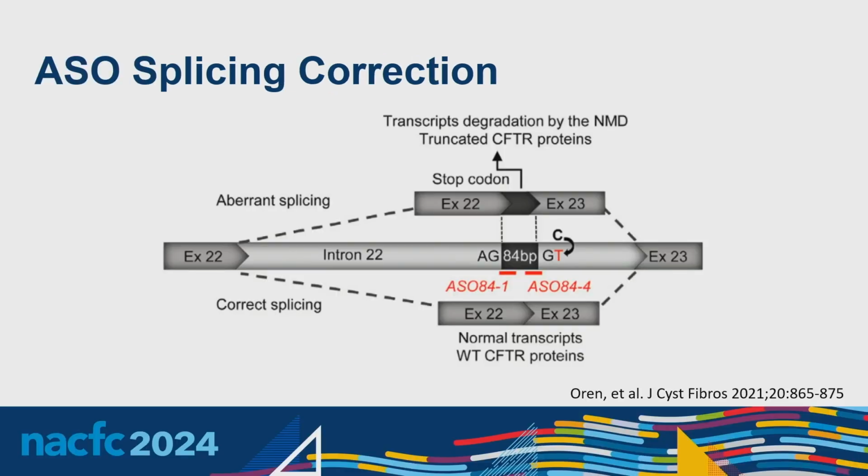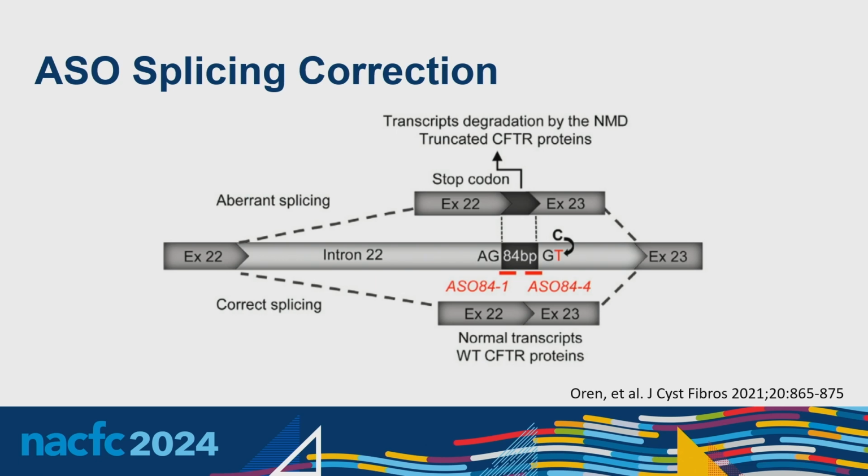And so when we're talking about splicing correction, the ASO that is currently in clinical trials is the Splicense ASO. And this is focused specifically on the 3849+10 kb C to T mutation. And what's happening with that mutation is actually the normal splice sites are totally fine. The problem with this mutation is there's an extra splice site inside an intron.